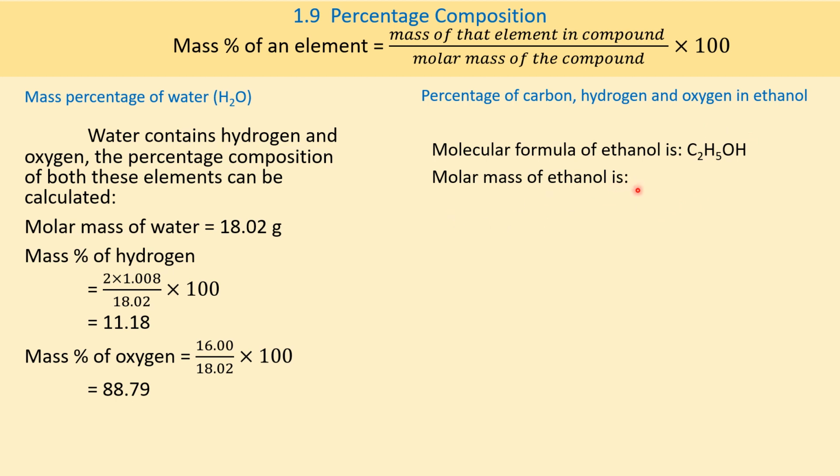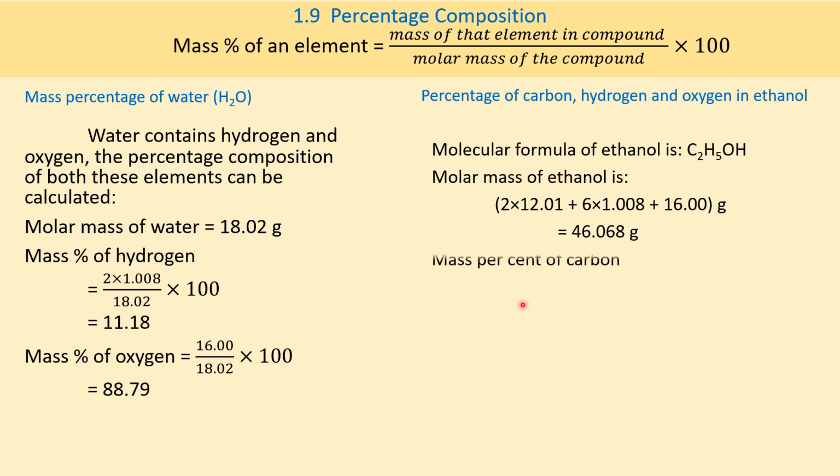Therefore, molar mass of ethanol is 2 into mass of carbon, that is 2 into 12.01, plus there are 6 hydrogen atoms, here 5 and the OH has another H. So total 6 hydrogen atoms, 6 into 1.008, that is mass of hydrogen, plus the oxygen, there is only one atom and its mass is 16.00. So total mass works out to 46.068 grams as per the above calculation.